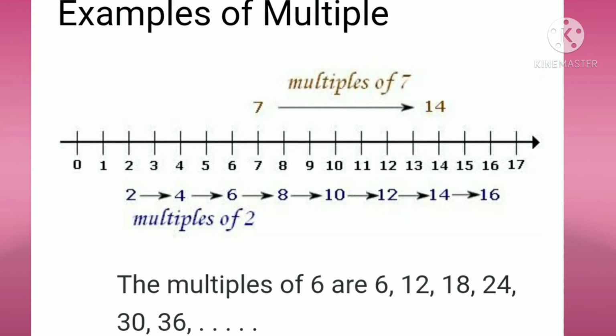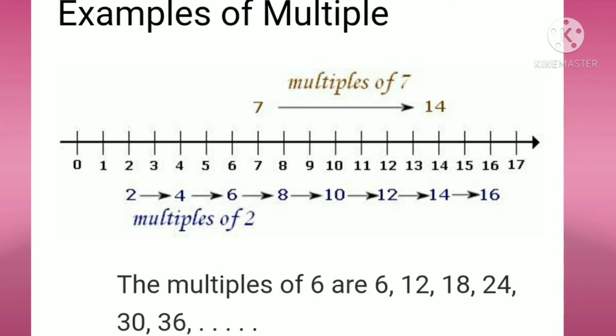You can see in the number line, it is written numbers from 0 to 17. So, we are going to do the multiples of 2. The multiples of 2 are multiplied with 2.